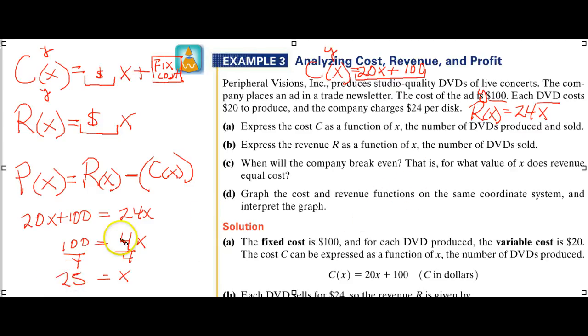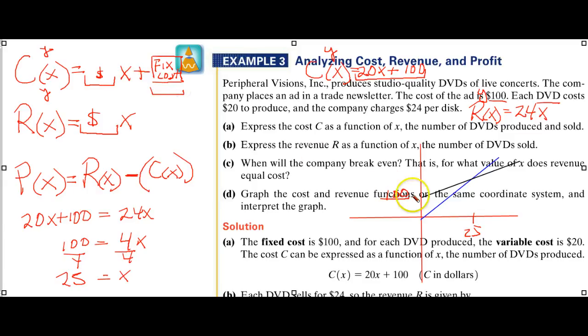Now if we were to graph that, and we've used up all our clear space here, but the blue line represents your revenue function. You start at 0, and as you sell them for $24, it looks like so. And your cost, remember you had that $100 that you had to make up, so it brought you up there.